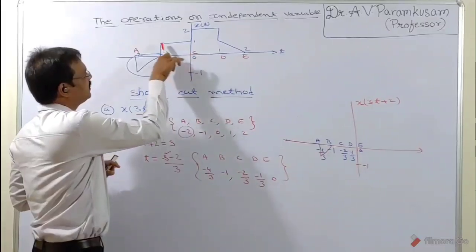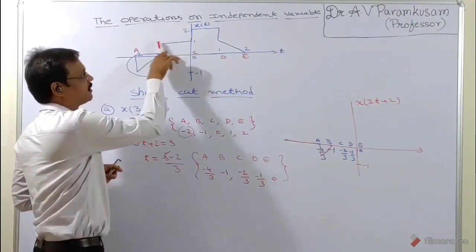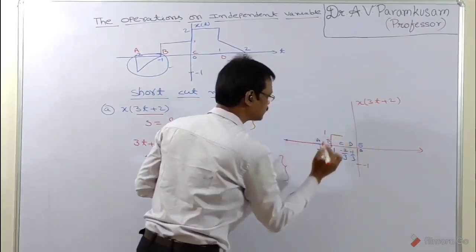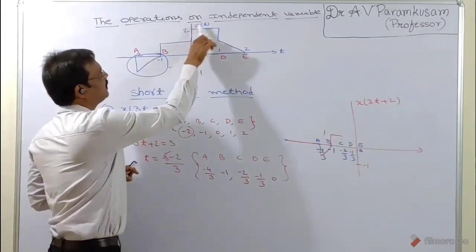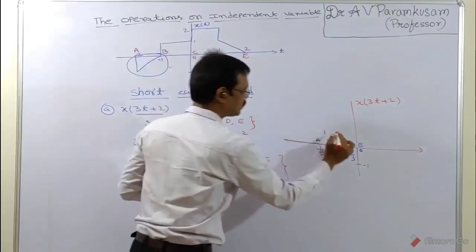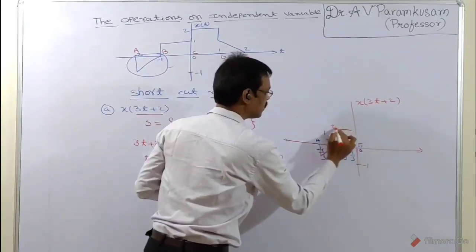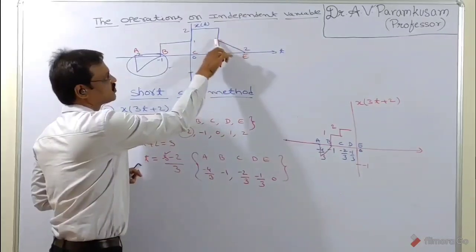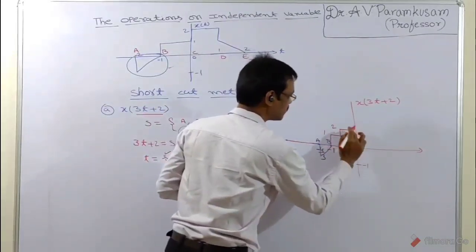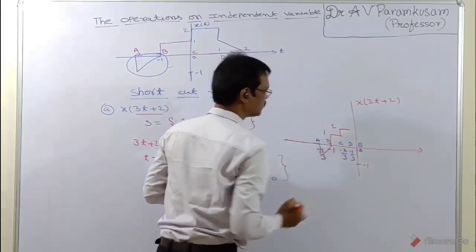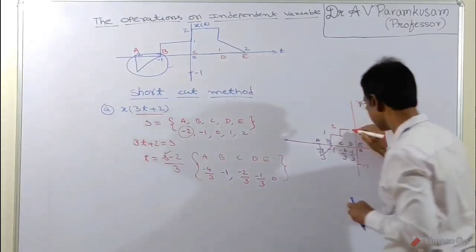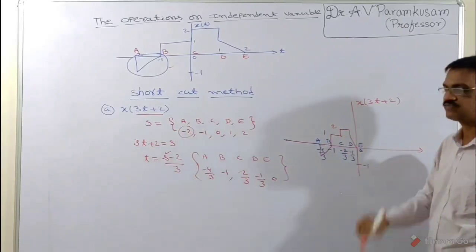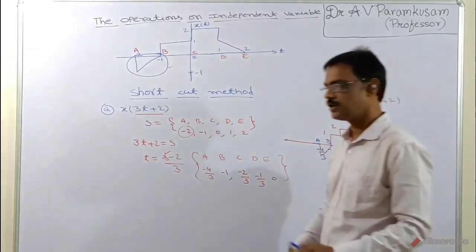Similarly, between B and C, a constant line is there, with value 1. Between C and D, a constant line is there with value 2. Between D and E, a straight line is there with a negative slope, of course. Yeah, this is x of 3t plus 2.